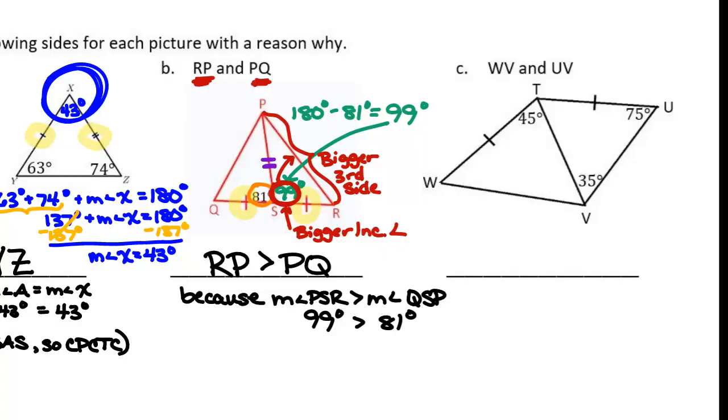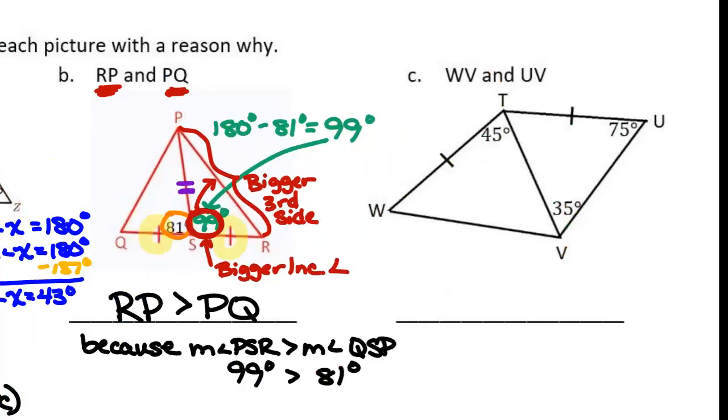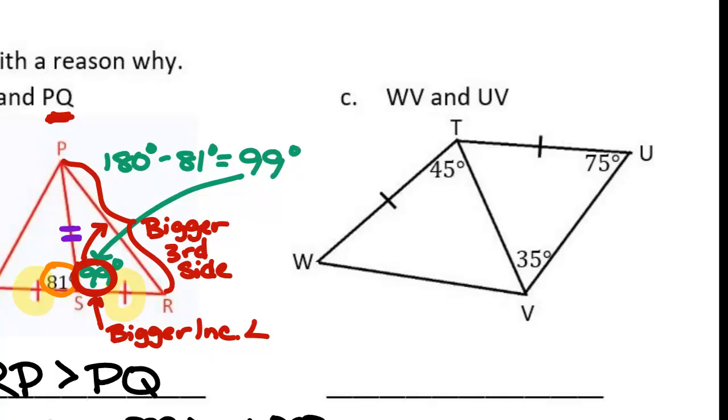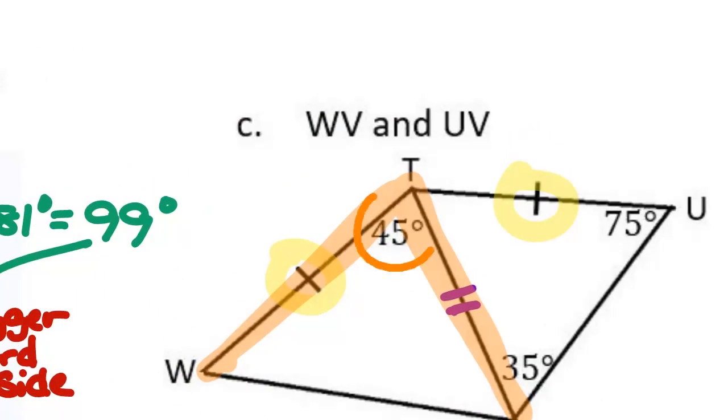All right, last one on this question, part C. I have two congruence marks on here. One here and one here. Where can I get my other congruence mark from? Yes, TV, this shared side right here. The angle in between these two marked sides on the left-hand triangle is going to be this 45 degrees.